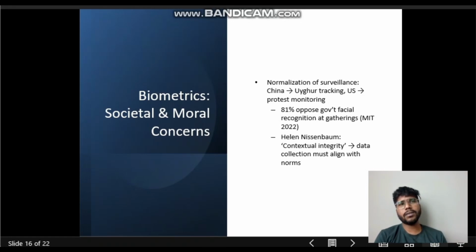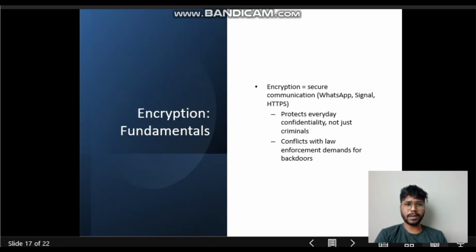In conclusion, biometric technologies can enhance security, but without robust legal frameworks, ethical consideration, and societal guidelines and guardrails, they risk turning our most personal features into a liability, particularly for already vulnerable populations. These things are massively damaging.